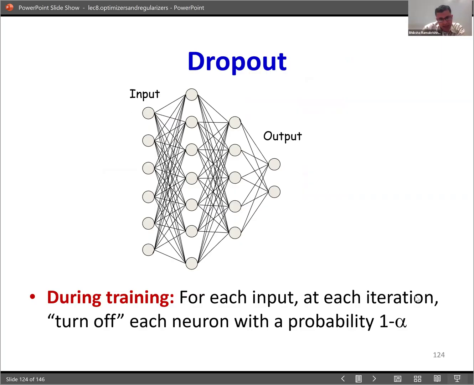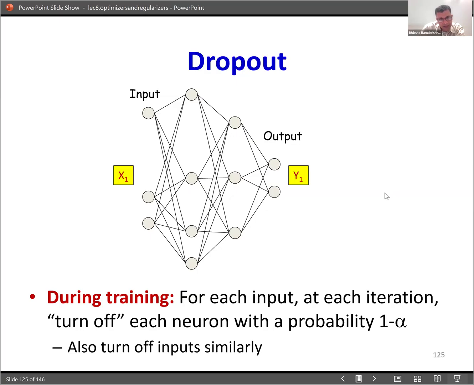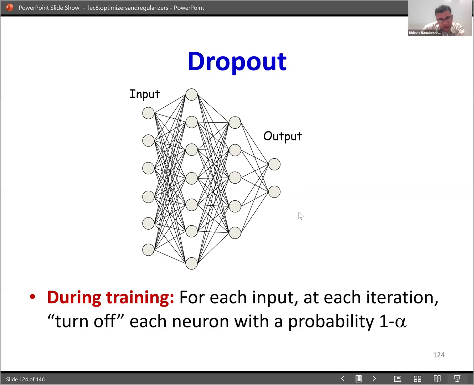In dropout, during training, for each input at each iteration, we're going to flip a coin with probability of heads, alpha. If the coin turns up tails at a neuron, you're going to switch the neuron off. So for example, this might be your network, and the coin turned up tails for these neurons and these and this and this and this.